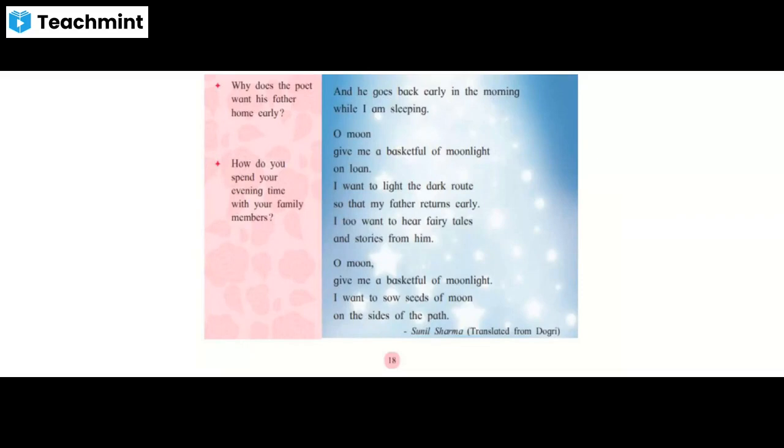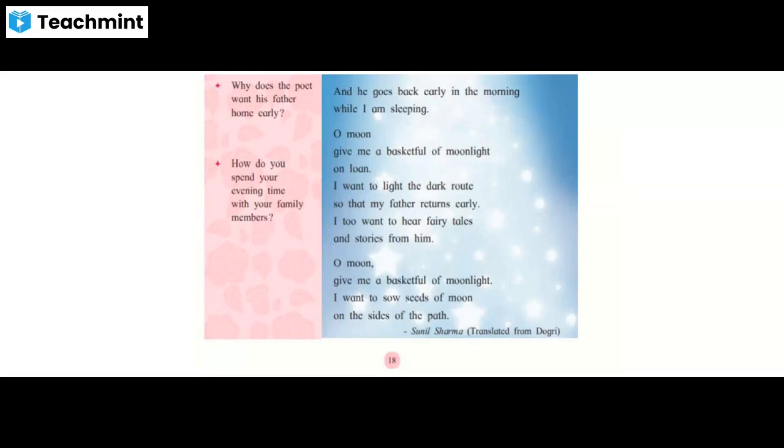This is the example of tautology. Why is it tautology? Because tales and stories have the same meaning. When two words of the same meaning come in a sentence, it is called tautology.